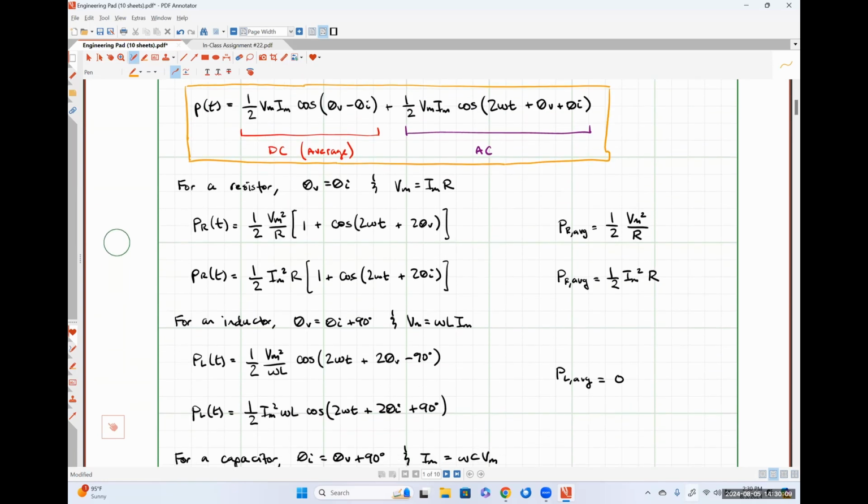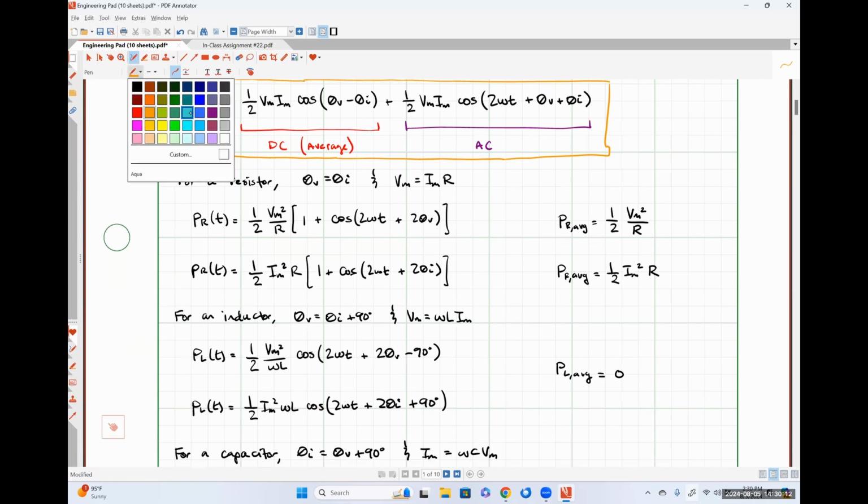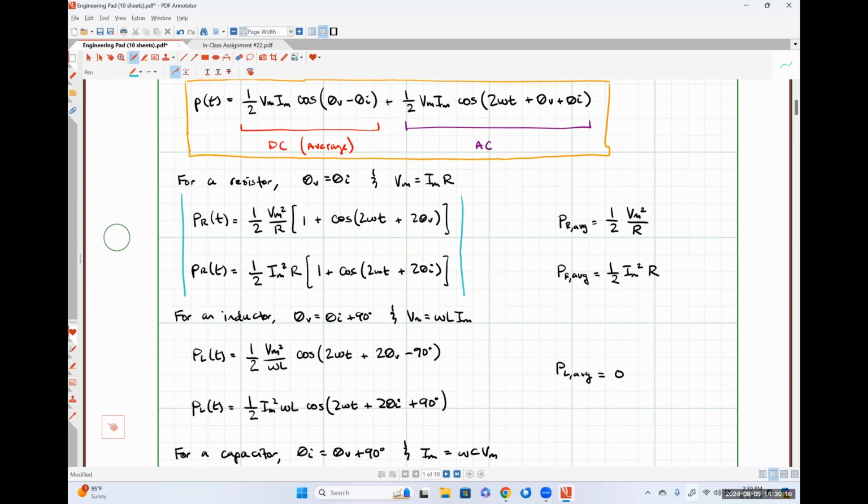For all of these other relationships, which I'll box in light blue down here, we only need to know either the voltage waveform or the current waveform, but not both.